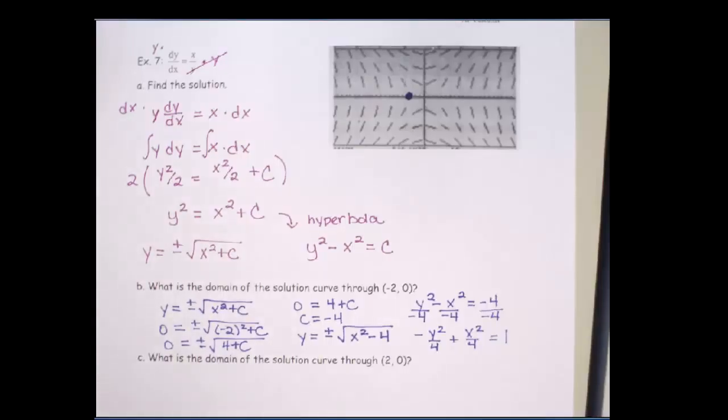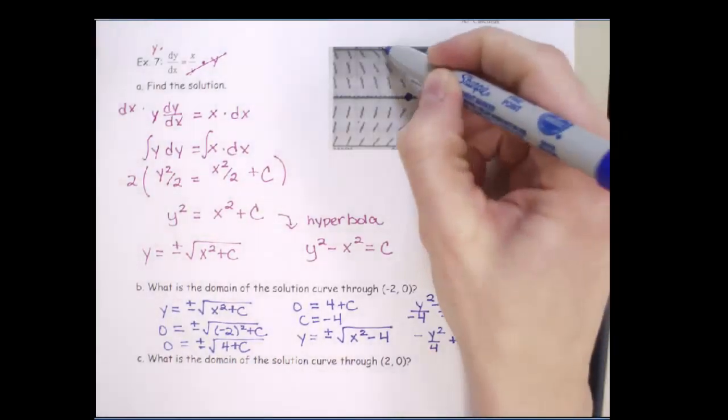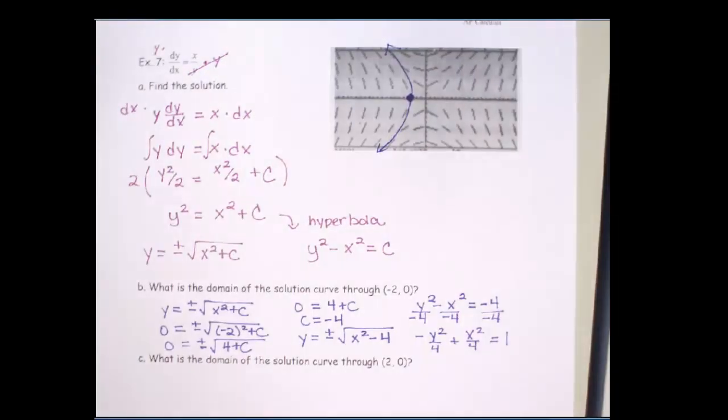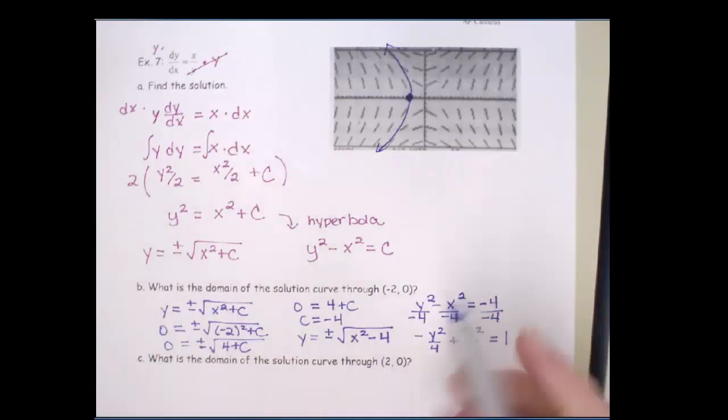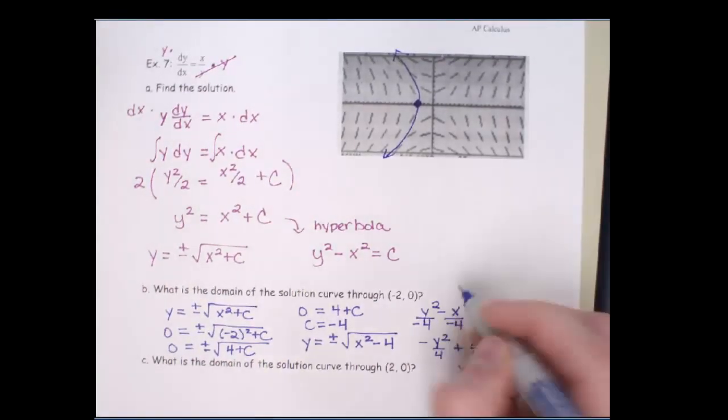So you would like to say that this is a horizontal hyperbola that would go through this point, so it would look something like this. And so you'd like to say that the domain of that is x is less than or equal to negative 2. However, we need to go back and look at the original differential equation.